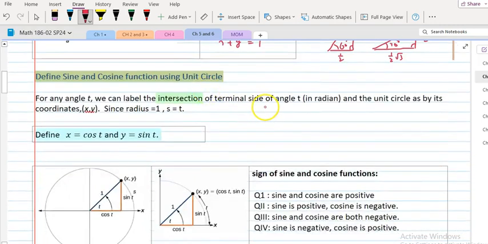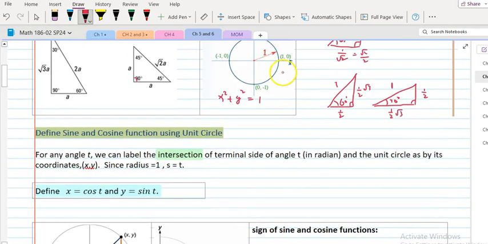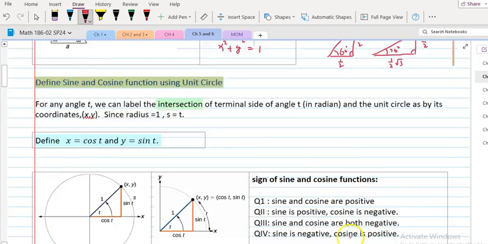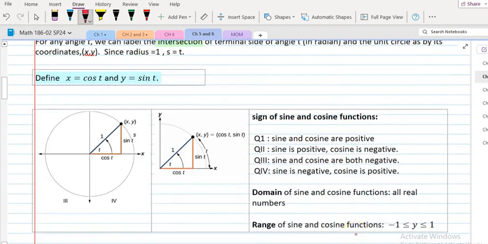So how do I define the unit circle? We define it as you draw angles. You draw an angle with the initial side on the x-axis, and the terminal side goes from the origin out. It would cut the unit circle, because the terminal side can be any length you want.